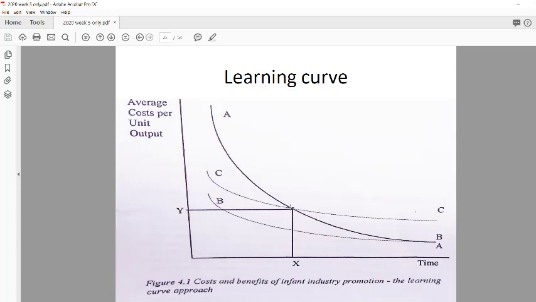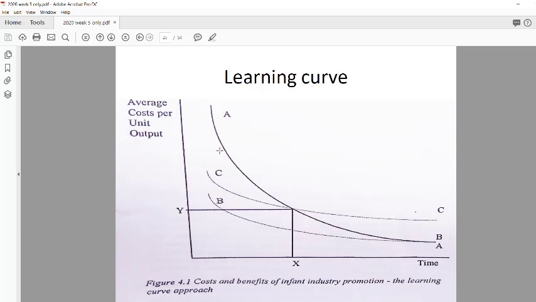So this point X here is a vital point. It's going to show us where the costs are for this company, which is where the production processes of the domestic firm are more expensive than those of the international firm. And it also outlines the benefits, which are where the production processes of the domestic firm are cheaper than the international firm.